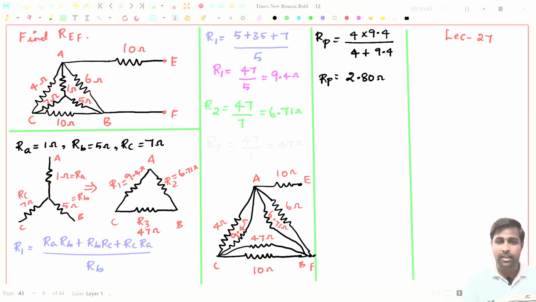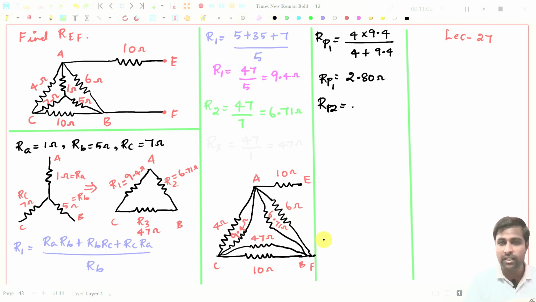Like that, this is the simplification of these two resistors, right? Let me make it as RP1. So instead of these two resistors, now we can write it as 2.80, and let us find what is RP2. Let RP2 be these two parallel resistors.